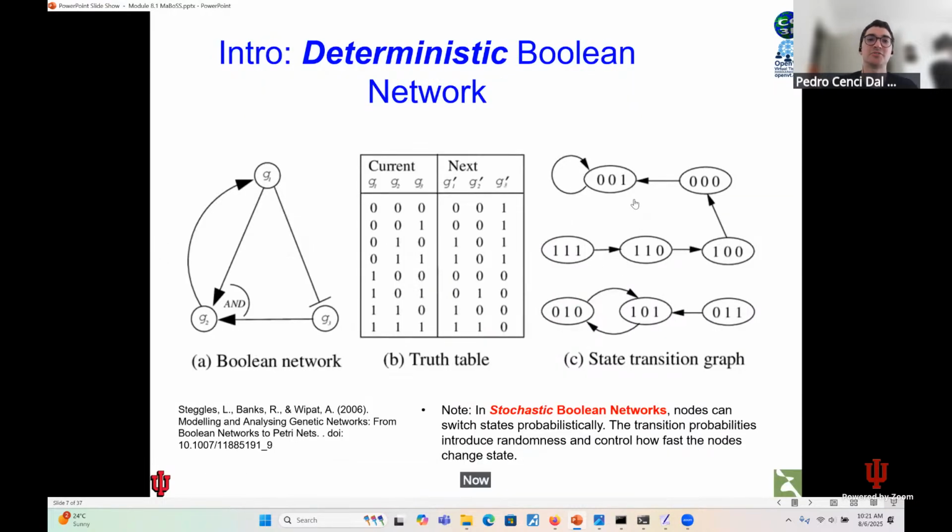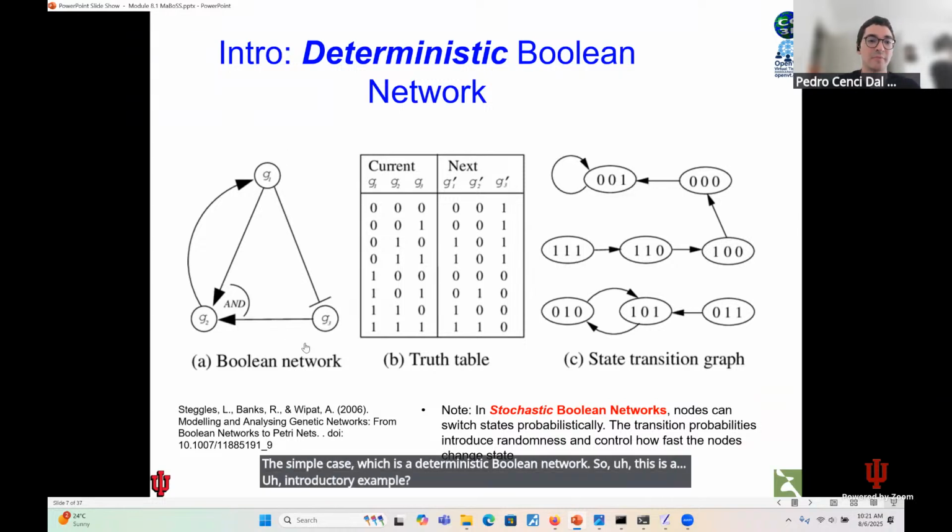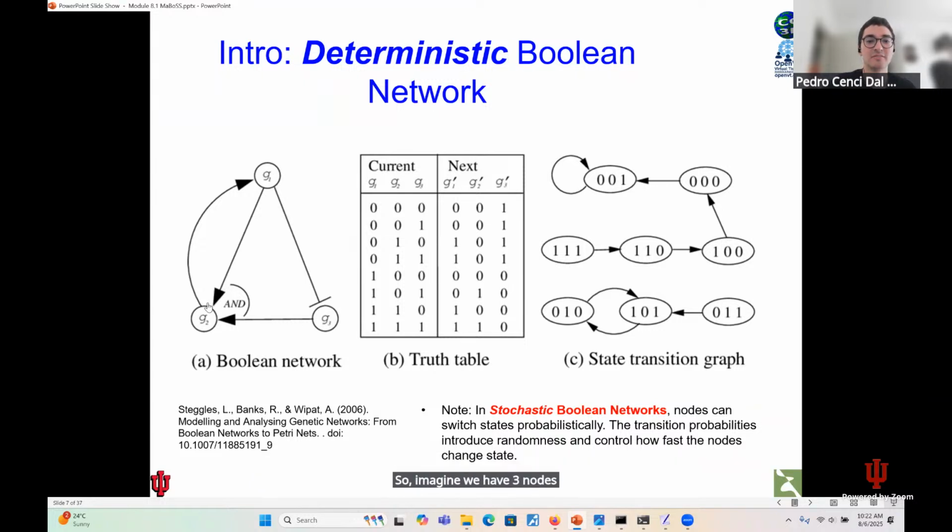Now, let me introduce what exactly a Boolean network is, and we'll start with the simple case, which is a deterministic Boolean network. So this is an introductory example. Imagine we have three nodes, G1, G2, and G3.